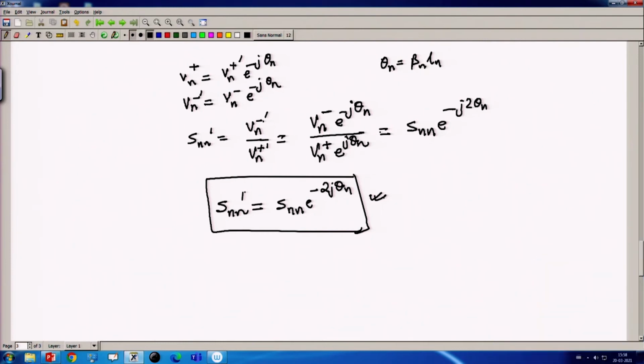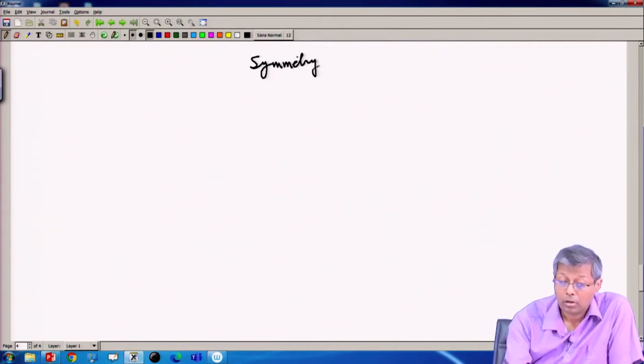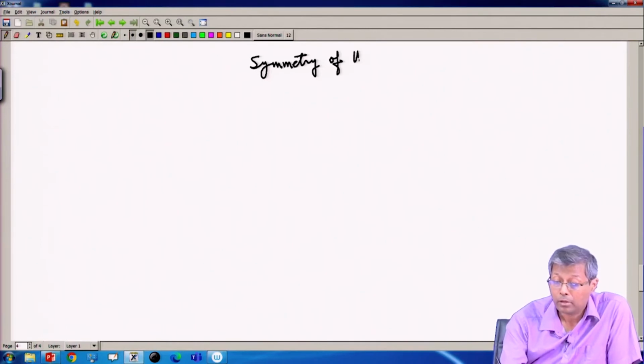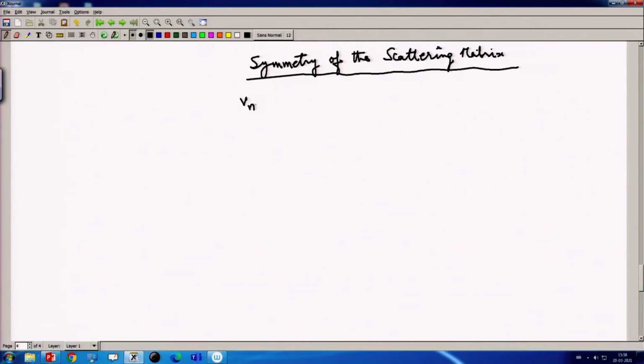Then we come to the symmetry of the scattering matrix. We prove that the scattering matrix is symmetrical. So, my total voltage wave is V n plus V n minus.